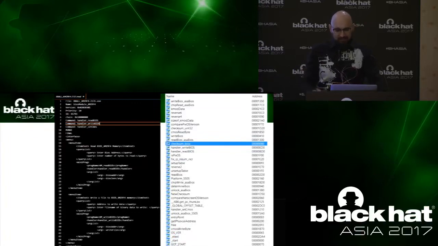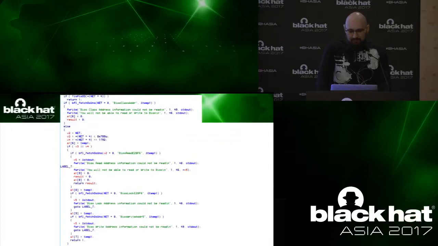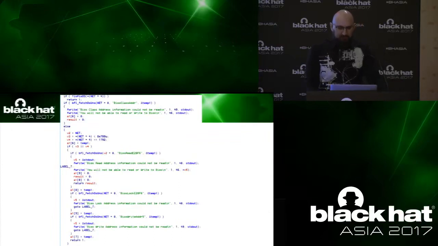On the left side, you can see some names of the functions, because this BIOS update did not clean the real names of the functions, and you can see names related to the BIOS. If we decompile the function which delivers the BIOS infection, you can see a lot of comments which point us to the idea of how it works.